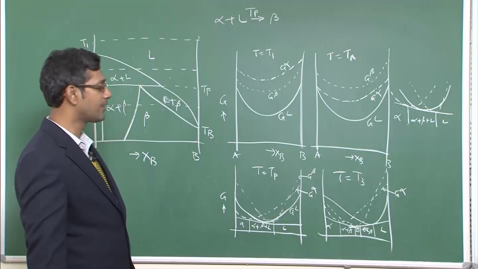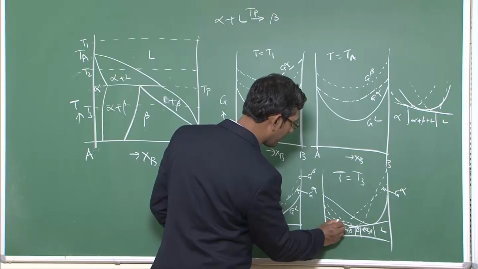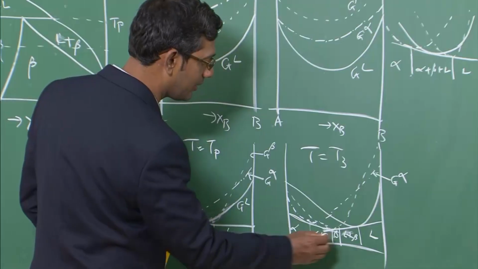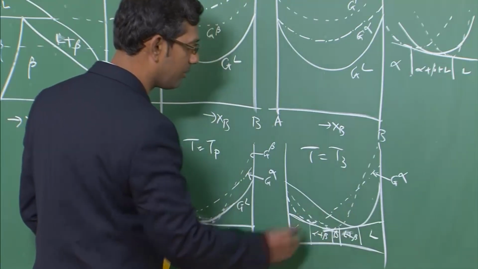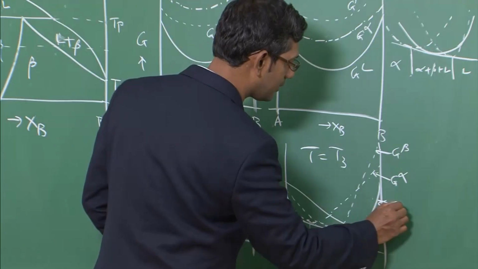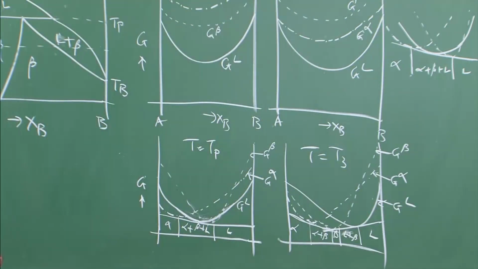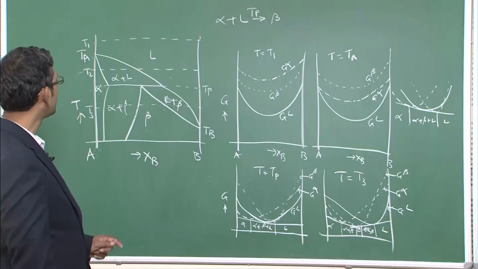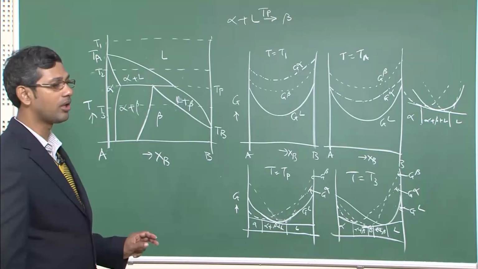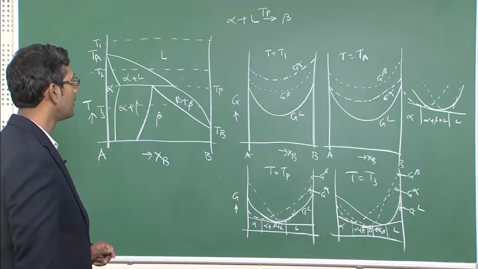You have to draw these curves in such a way that you can make a common tangent. I have drawn two common tangents here. This is the common tangent between alpha and beta, and this is a common tangent between liquid and beta. So this is beta and this is GL. This you need to practice more, then only you can get it, but in the books it is there. Okay. So that's how actually all these composition diagrams are drawn and explained.